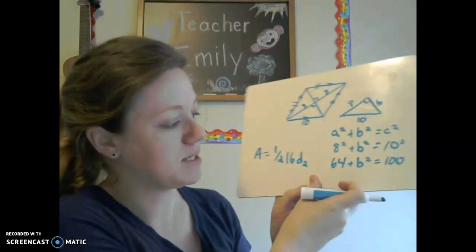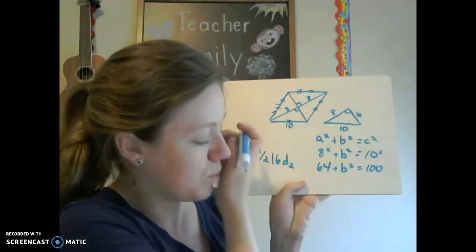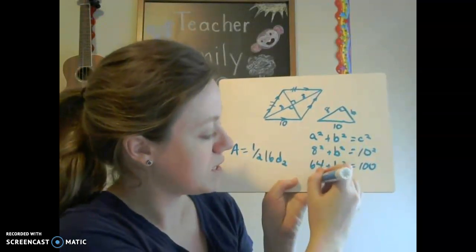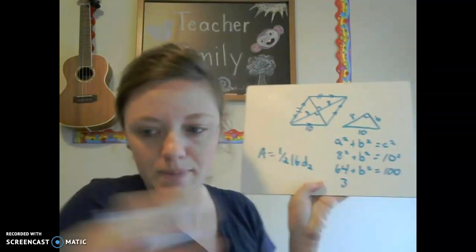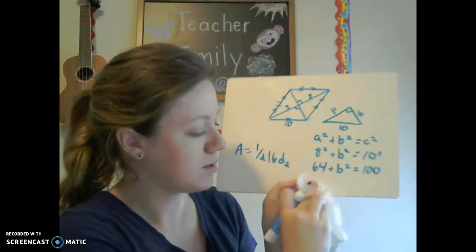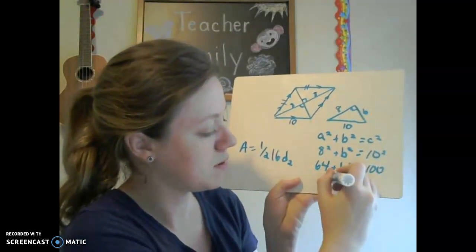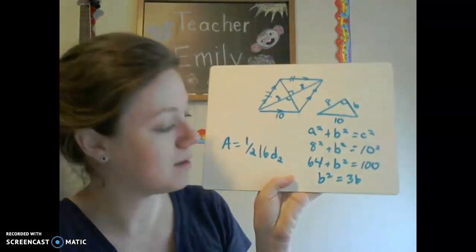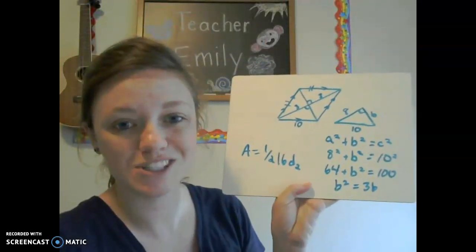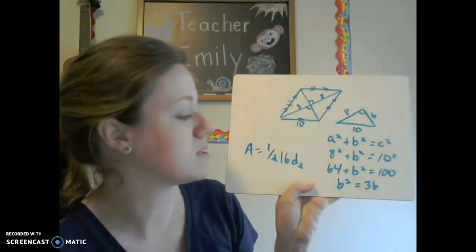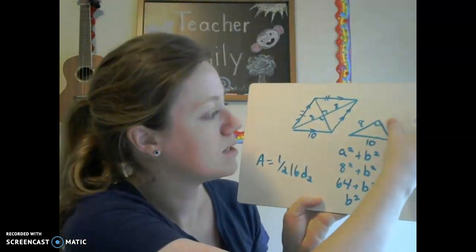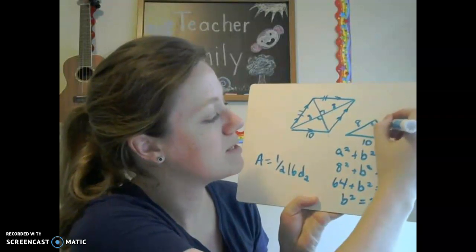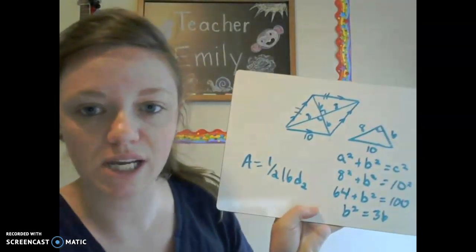All right, and now I need to take 100 minus 64, which is 36. So b squared equals 36. That means that b equals the square root of 36, which is 6. 6 times 6 is 36. So b is 6. So I can fill in 6, 6 for the shorter diameter.